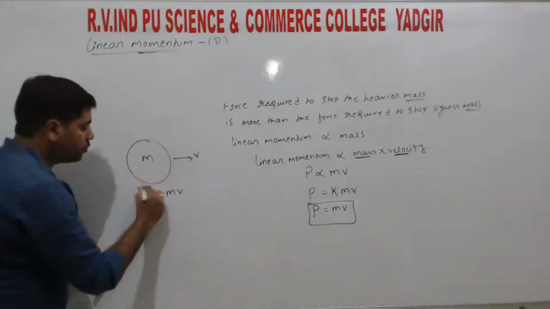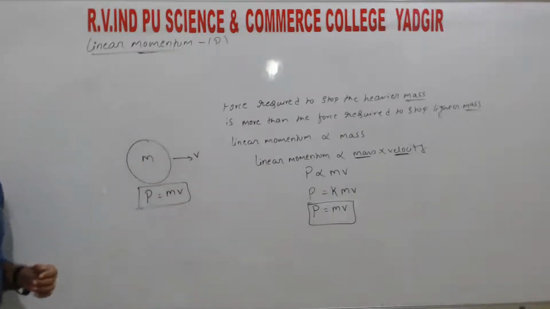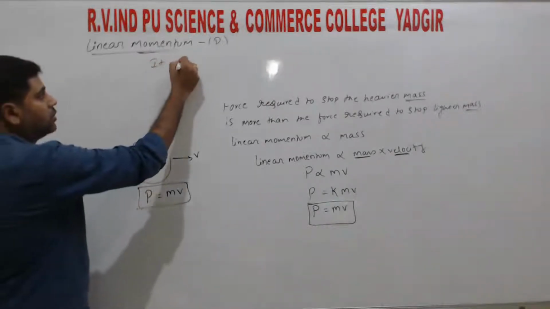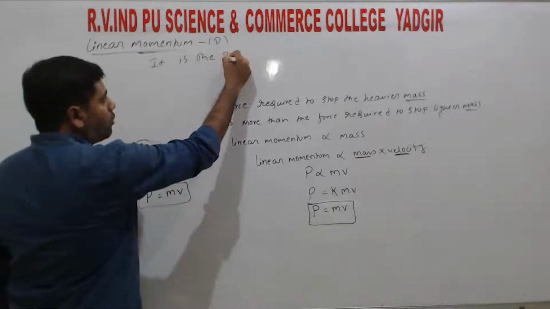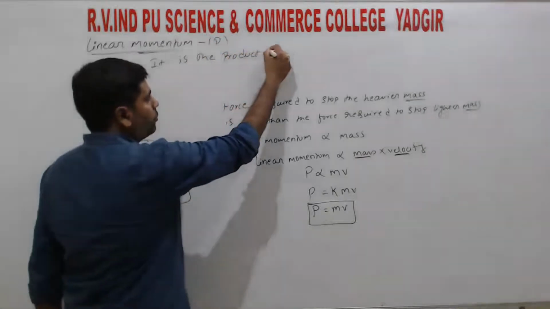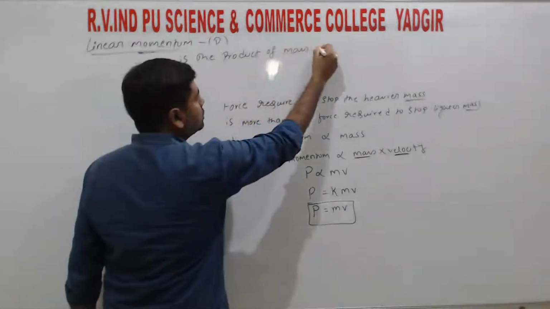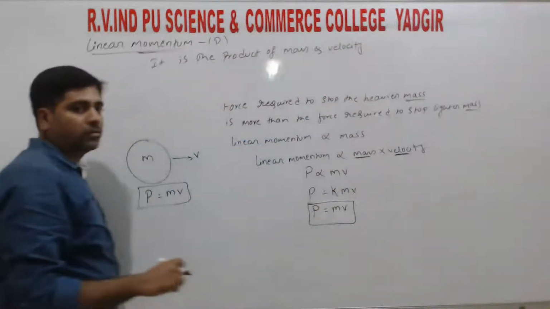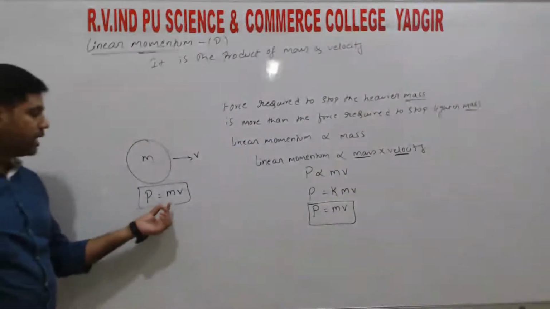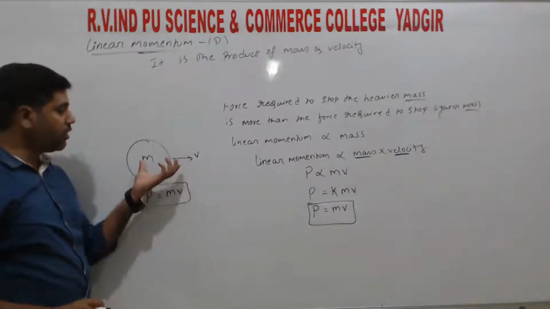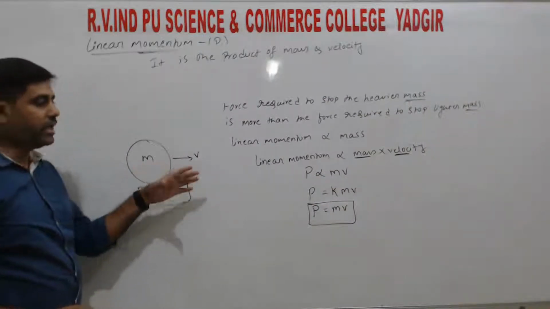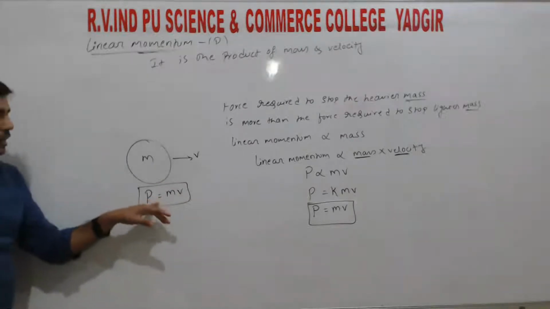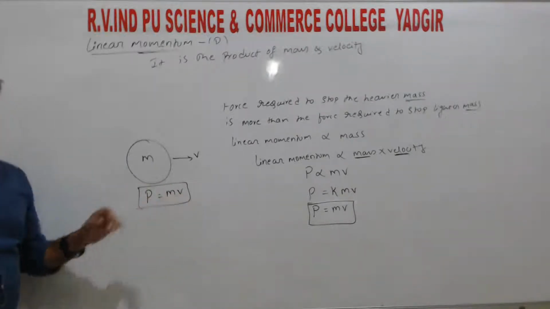So if we define momentum, it is the product of mass and velocity. Product is multiplication of mass and velocity of any object. Each and every object has a momentum, so that is p is equal to m into v.